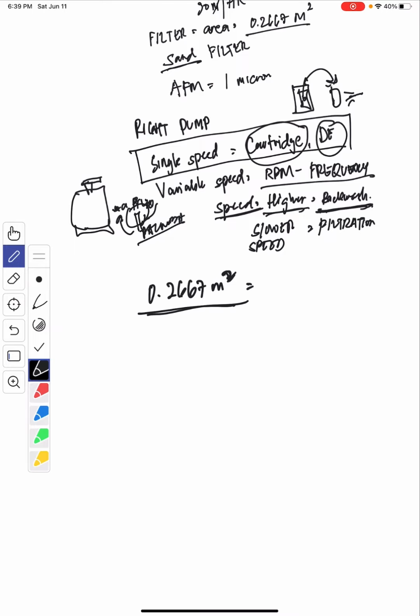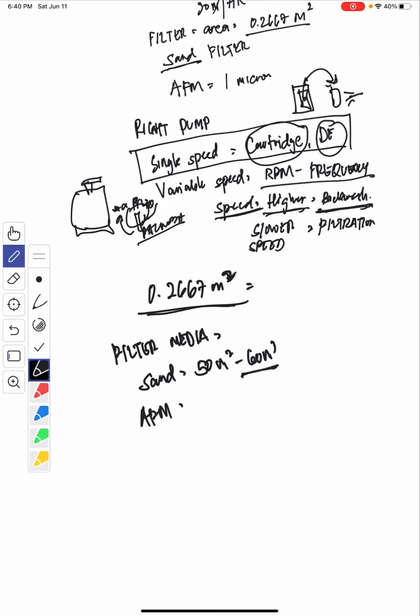Now all you have to do is, your filter media has a specification for backwashing as well. So sand backwashes at 50 meters per hour, and AFM actually is 50 to 60. As your sand filter gets older, the backwash rate also goes higher.